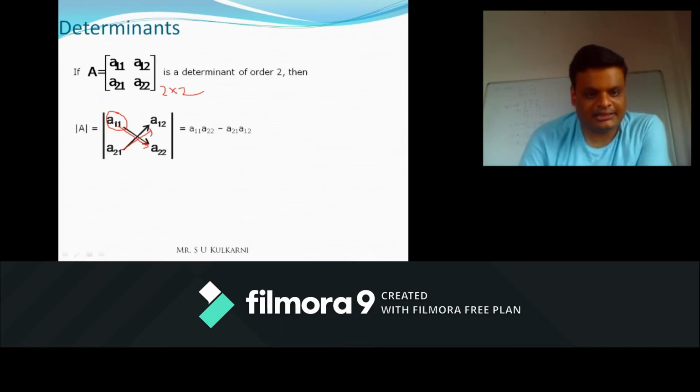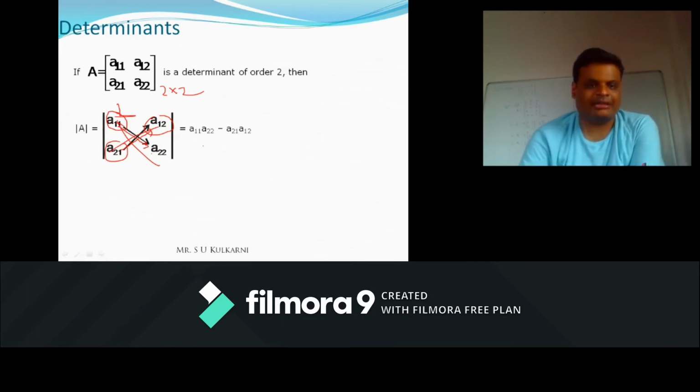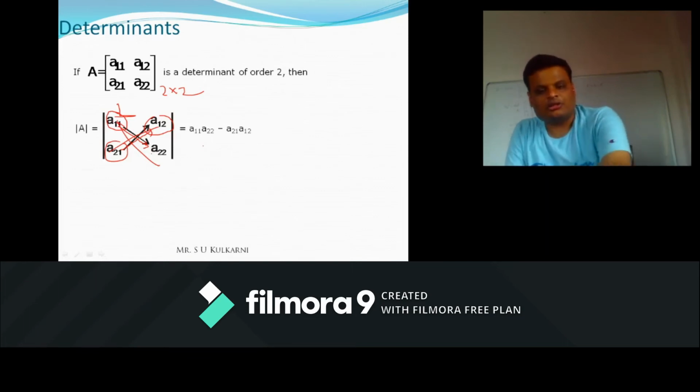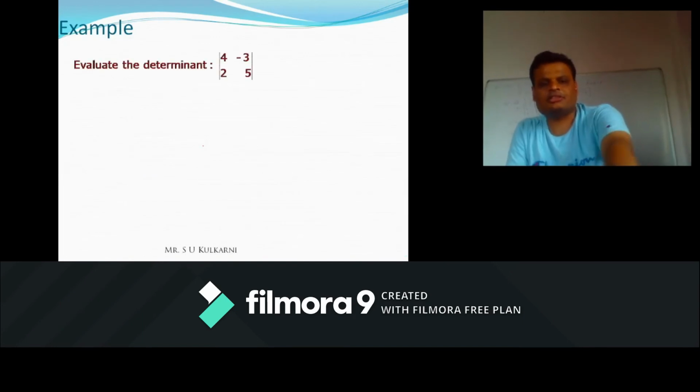That means this element into this element, but in between you have a minus sign, A21 into A12. So this minus this, but you have to remember the order: this element must be first, not the opposite one. In this way you perform the cross multiplication, and what comes out is the value of this determinant.